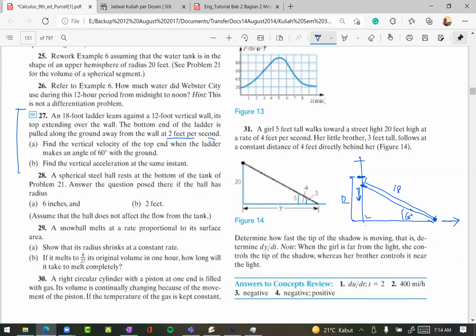And find the vertical acceleration. So what is this? To find the vertical acceleration, you need to find the second derivative. Okay, let's do this one first.